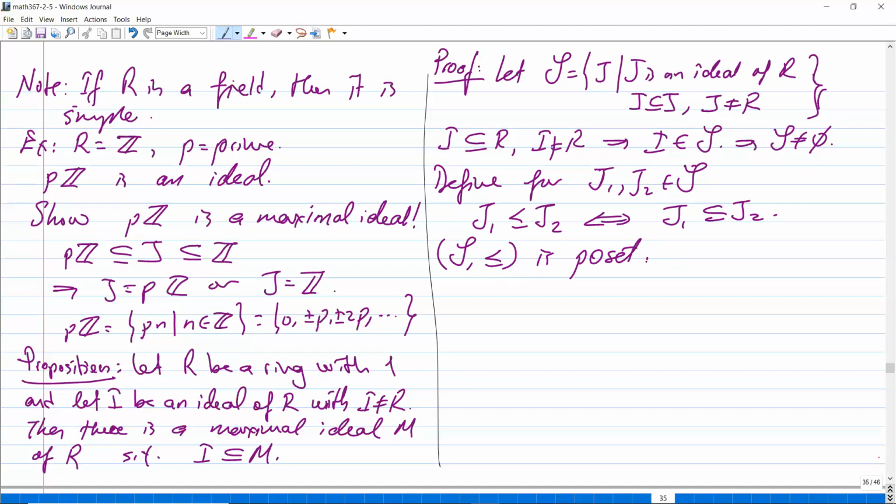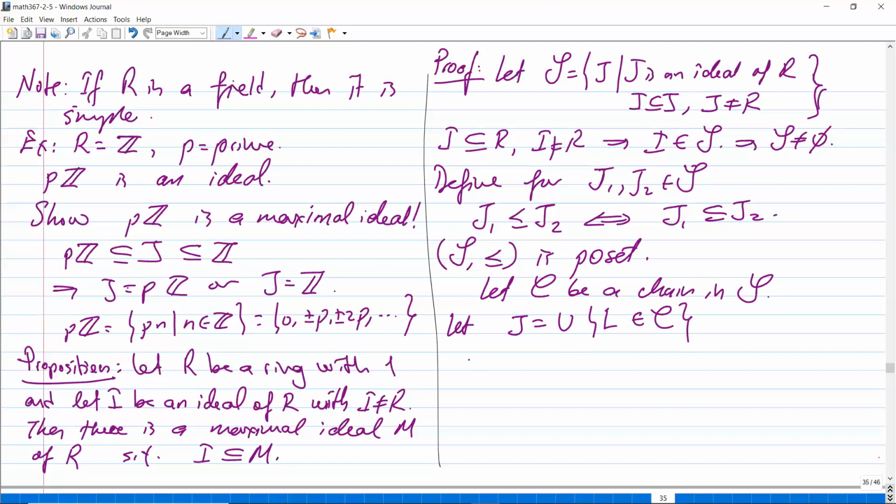Let C be a chain in S. A chain means any two elements can be compared, so it is in increasing order. Let J be the union of all L's in C.